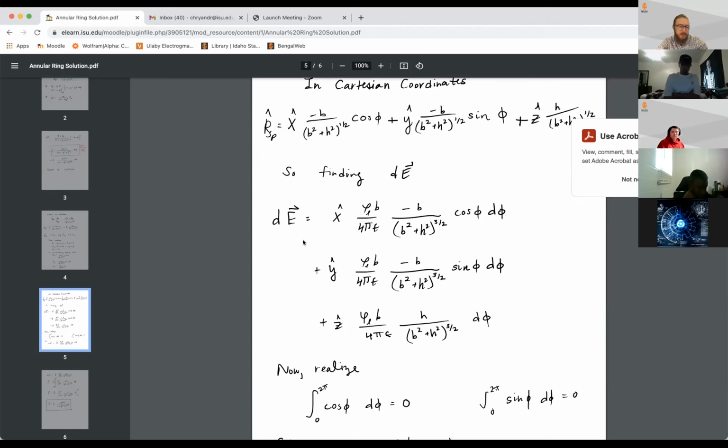And so when you go to integrate this, you will need to integrate from 0 to pi fourths. Okay. So this is for the full ring.